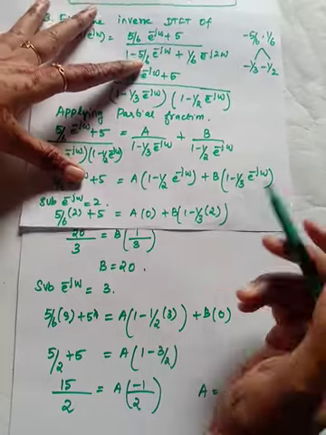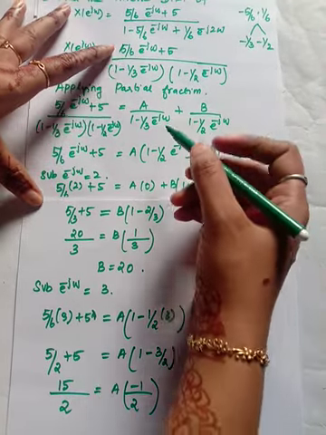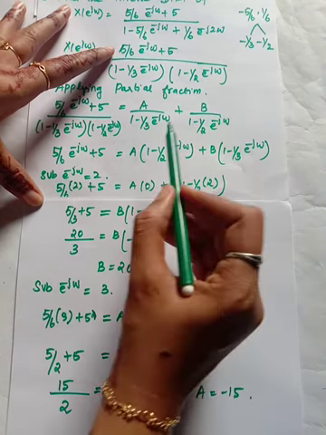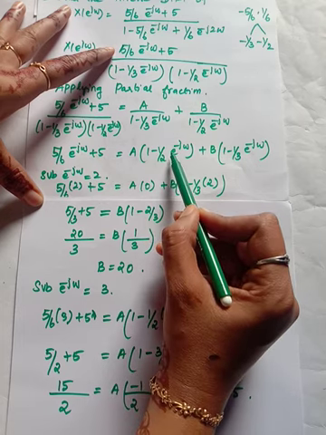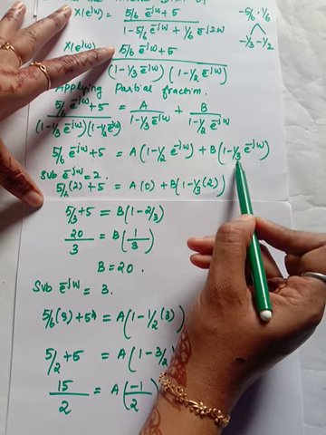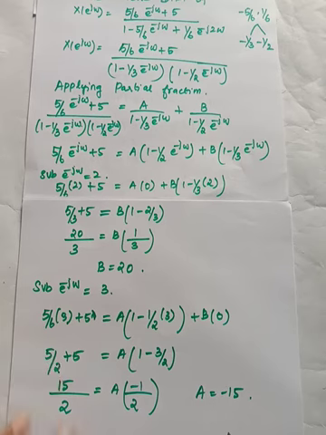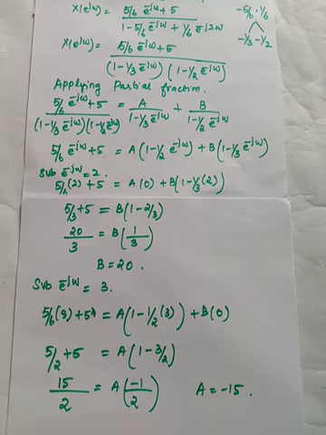Applying partial fractions, if you are already familiar with partial fractions, I am not explaining this. Here I need to find a and b. So first I apply e^(-j omega) equal to 2, then I apply e^(-j omega) equal to 3. Applying this, I get a equal to minus 15 and b equal to 20.